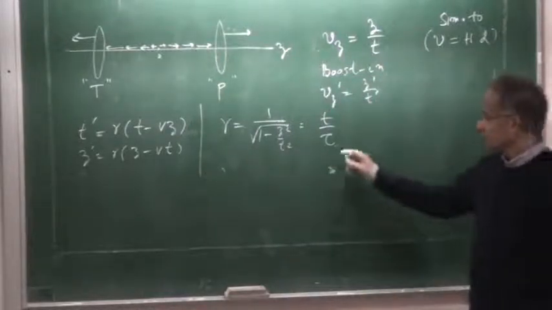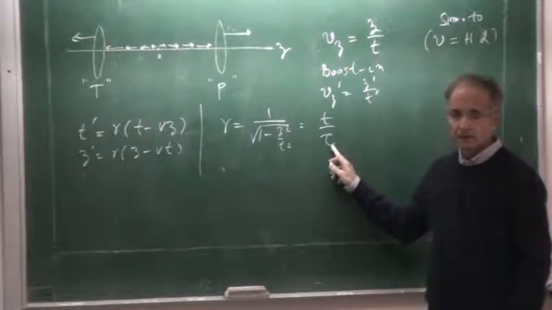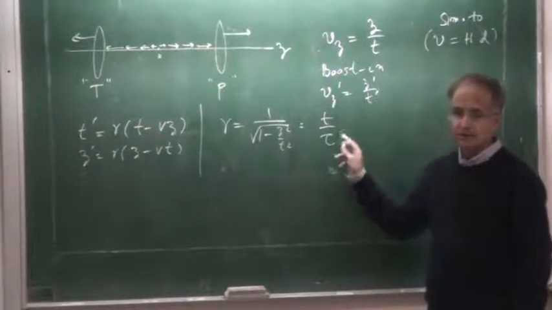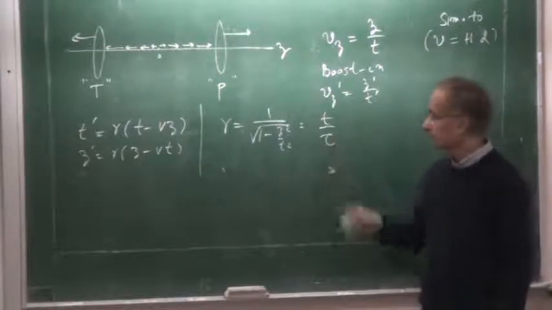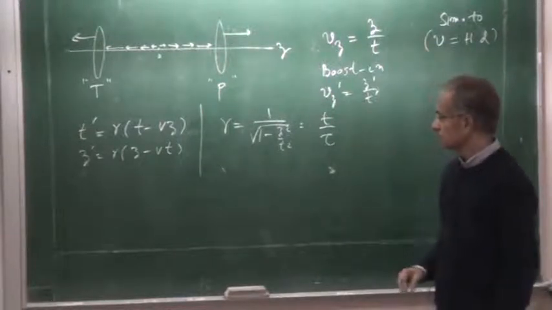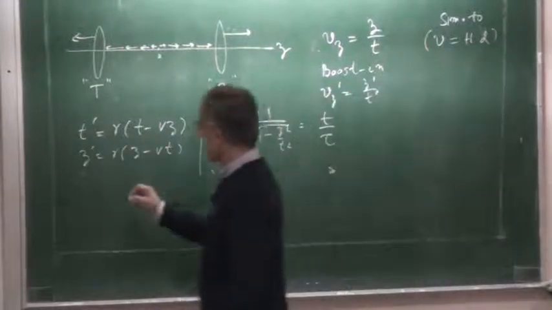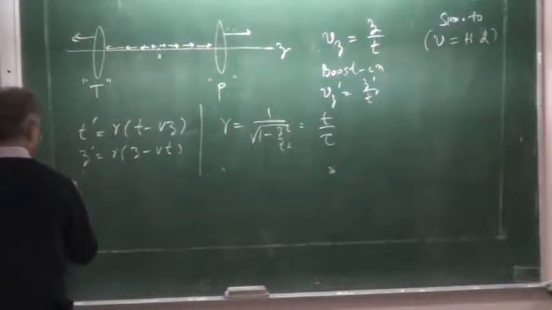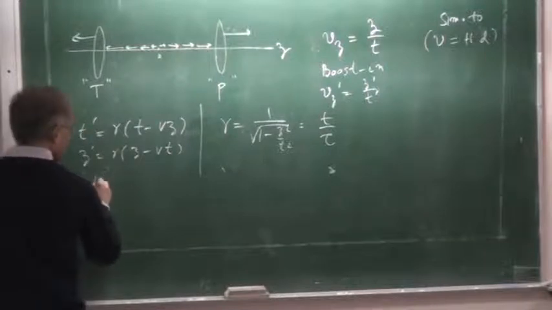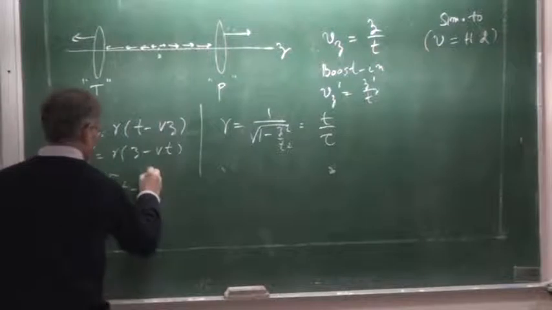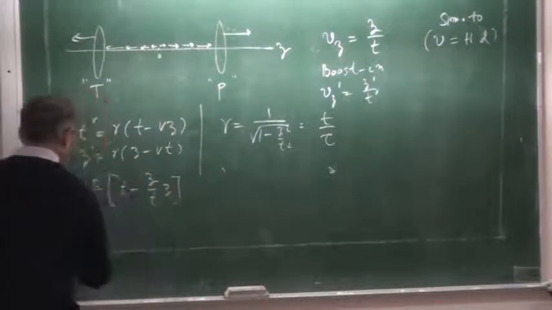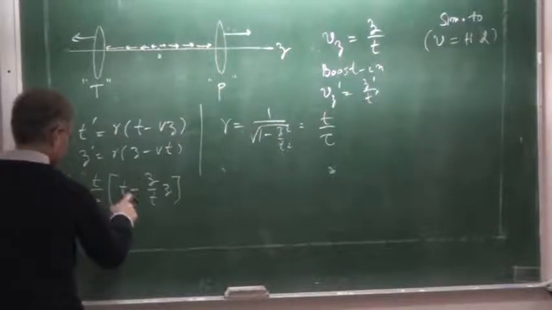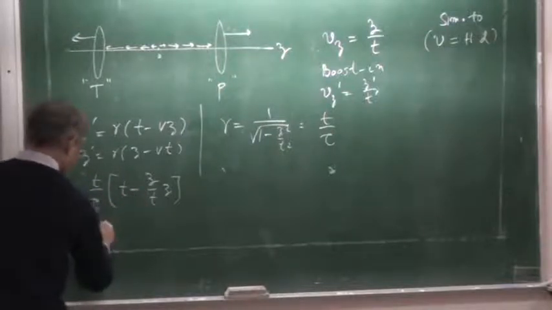Tau is the proper time here. E square minus z square is the longitudinal proper time. Therefore, this becomes E prime is P upon tau. What is that? Square minus z square is tau.